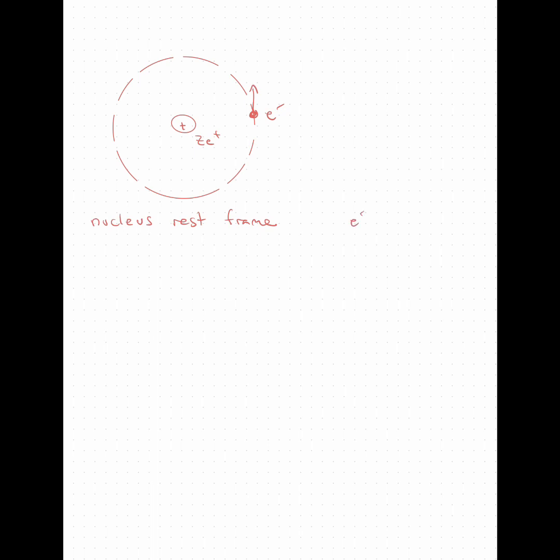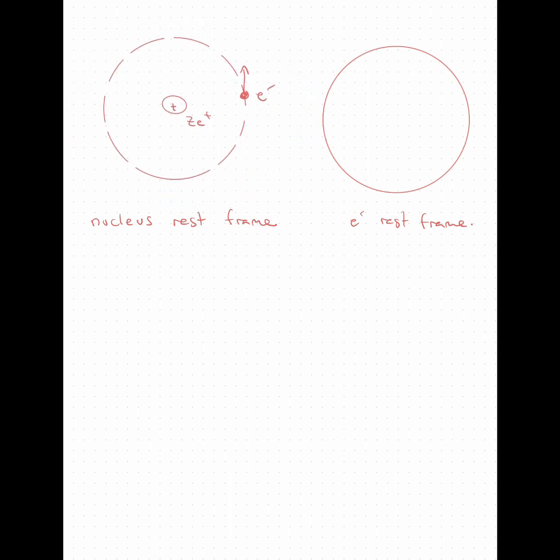Remember your special relativity. In the case of the nucleus's rest frame, we can think of the electron orbiting, radiating current, and we get some magnetic field.